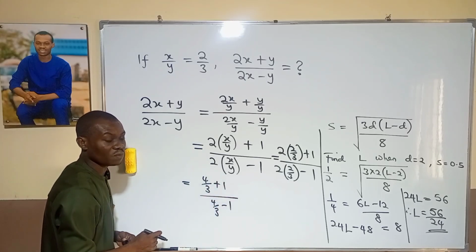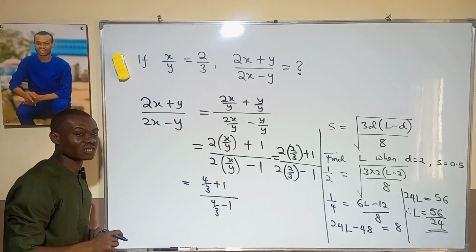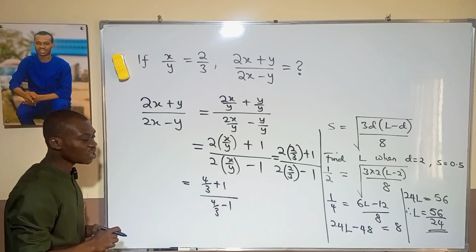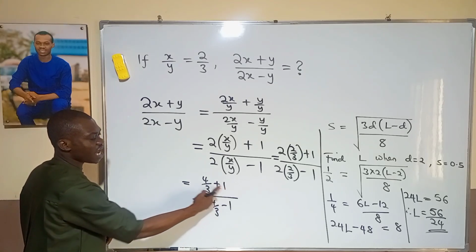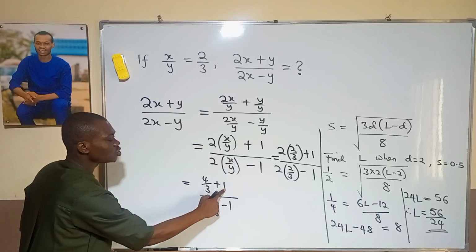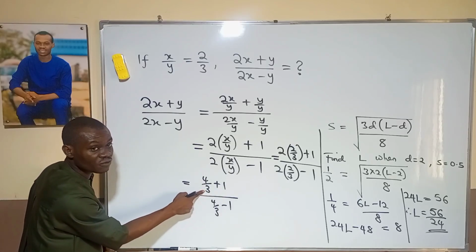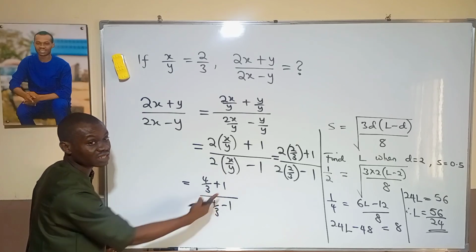What is 4 over 3 plus 1? That's a very quick trick in addition and subtraction of fractions that I'm going to show you. Whenever you have a fraction like this added to 1, just convert that 1 to a fraction with the same denominator. You know that 1 is the same thing as 3 over 3.